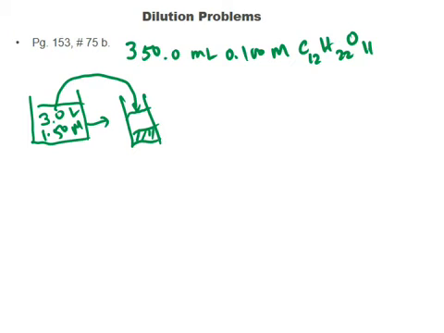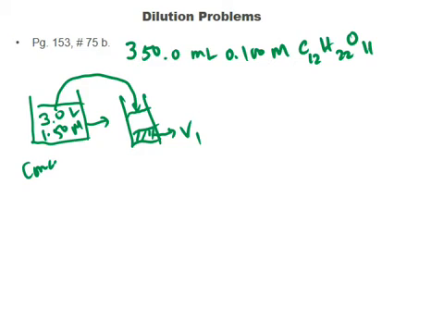So the question is, let's call this one V1, a small quantity that you get from concentrated bottle. So this is the concentrate solution, more concentrated solution is in that bottle on the left hand side. Okay, so our first step would be to calculate the volume that I need to pour in from the 1.50 molar bottle.